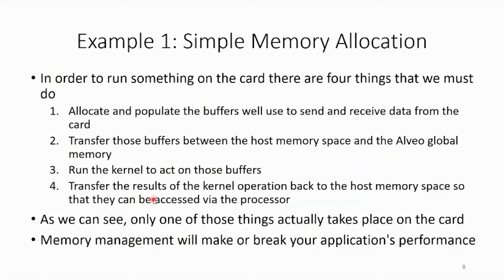And finally, we have to transfer the result back to host memory space. As we can see, only one of those things actually takes place on the FPGA, so memory management plays a very important role when we use the application.